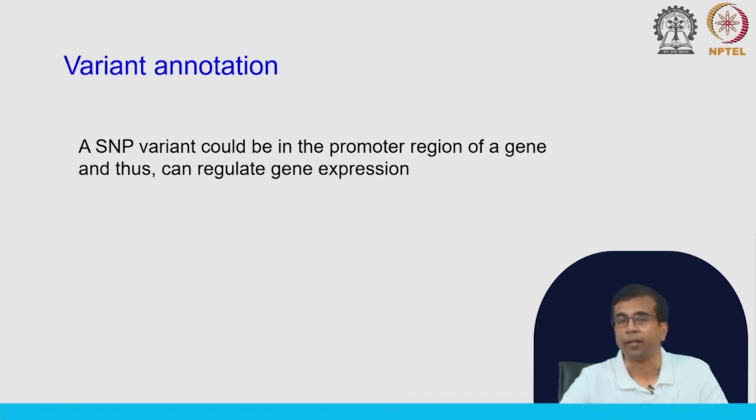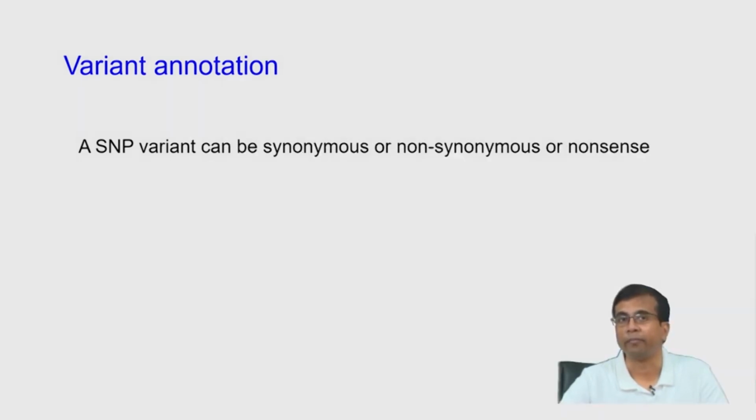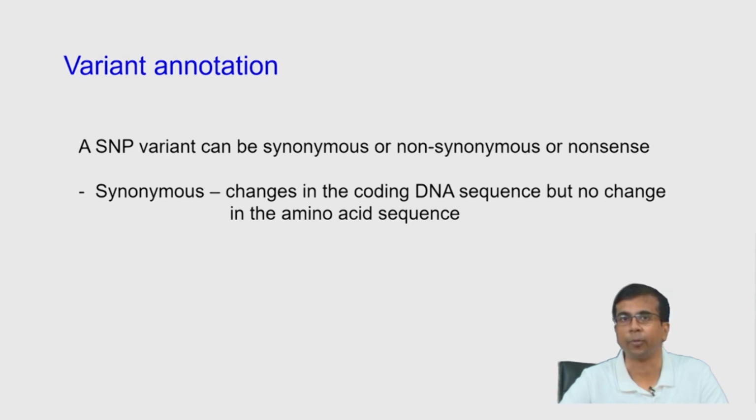So, there could be many possibilities. A single nucleotide polymorphism variant could be in the promoter region of a gene, and it can thus regulate gene expression. So, it can affect binding of transcription factors and impact the expression of the downstream gene. Or a SNP variant can be synonymous, non-synonymous or nonsense. Synonymous means there is a change in the coding DNA sequence, but no change in the amino acid sequence.